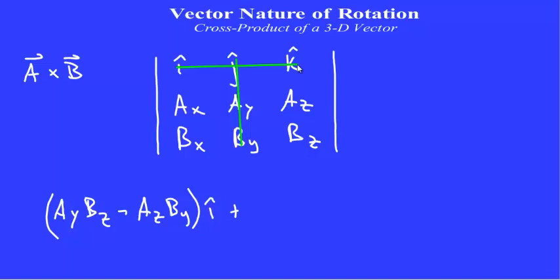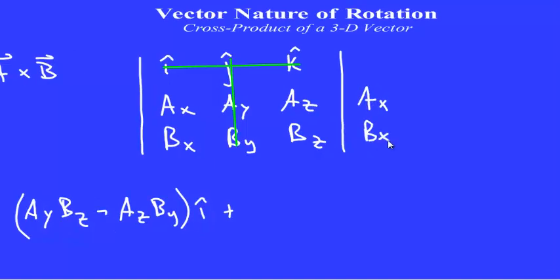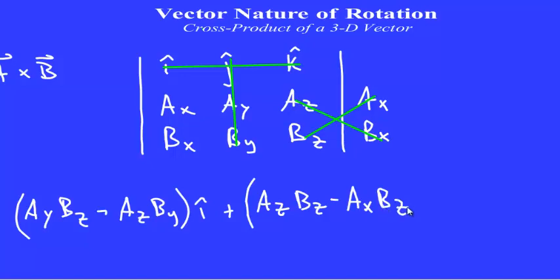It's actually easier to visualize this if you rewrite ax and bx over here. Now let me color code again. You have that, and you have that. So that's going to look like this: az times bx minus ax times bz. Oops, I made a little mistake there. Az bx, like that, and that's all in the j direction.